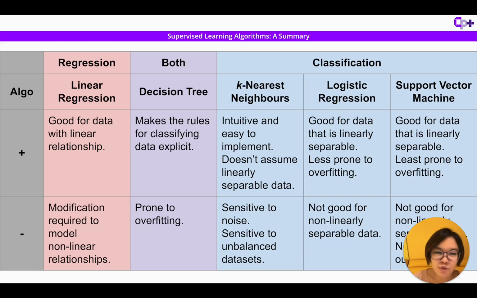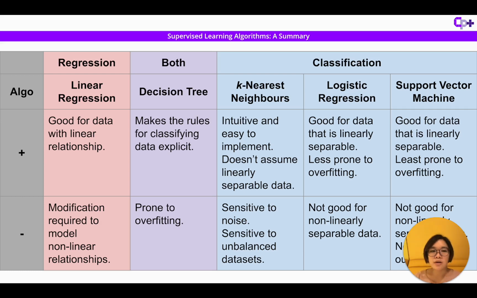Logistic regression is good for data that's linearly separable, so data that reliably falls into one category or the other. You don't have mixed data like we had in our graph, where sometimes you study a bit and you still pass, or you study a lot and you still fail. That is not linearly separable.